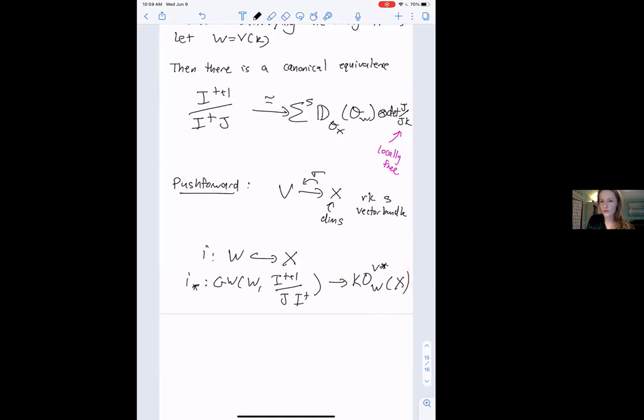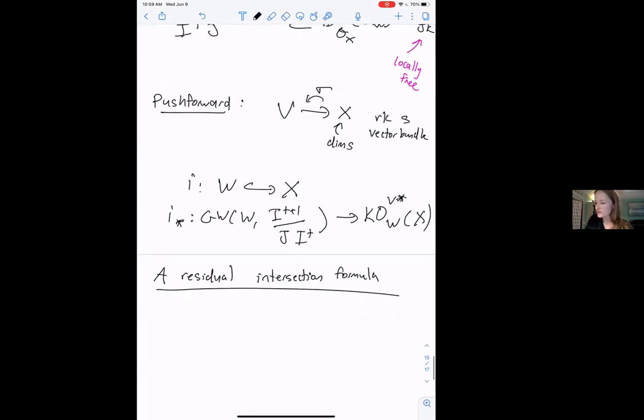So here's a residual intersection formula. I apologize for the time. We're basically there. So suppose in addition that the dimension of the vanishing locus of sigma is equal to 1. Then we have a pairing IJ cross IJ to I squared over IJ. It's a perfect pairing.